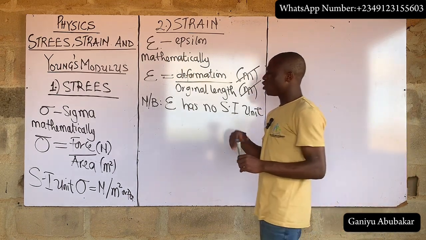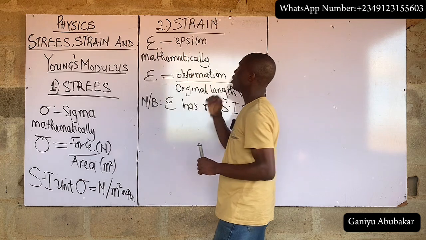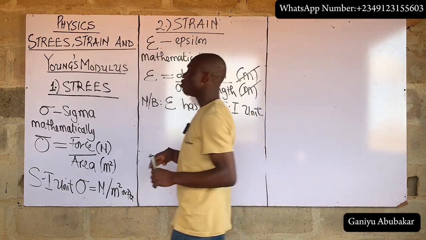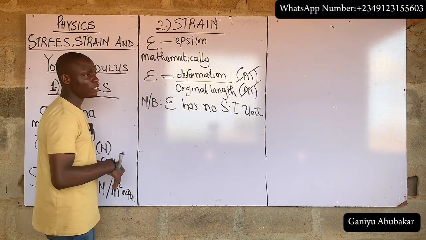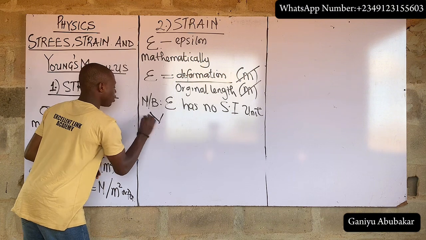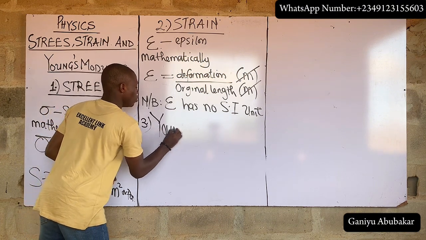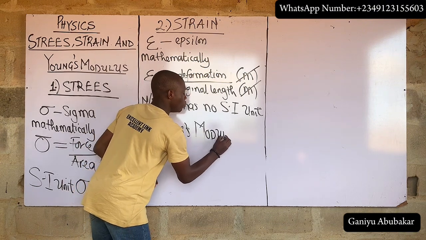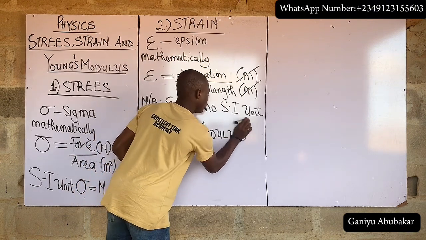So having a look at the concepts of stress and strain, let's look at one last thing called Young's modulus, and we'll solve several past questions. Let's look at the third concept called Young's modulus.